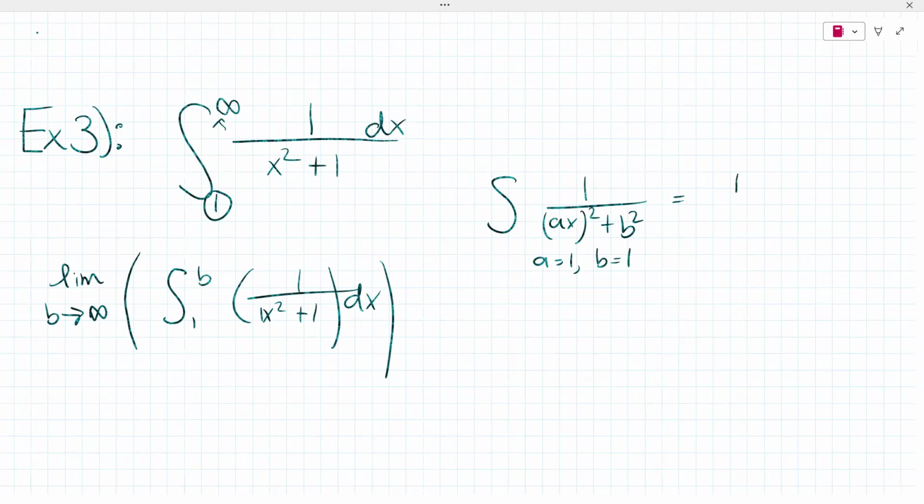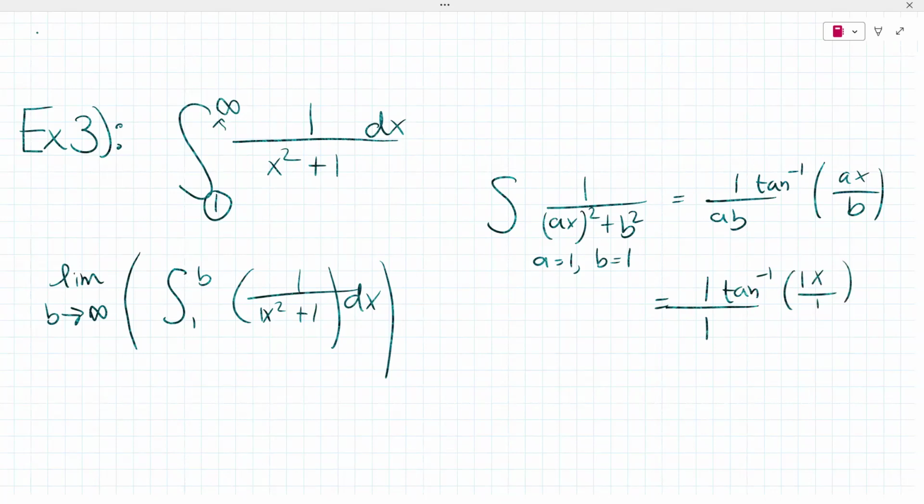So it's going to be 1 over ab times tan inverse of ax over b. That means the integral of 1 over x squared plus 1 is going to be 1 over ab, so 1 times 1 is 1, tan inverse of ax, which is 1x over 1. So really it's just tan inverse of x.